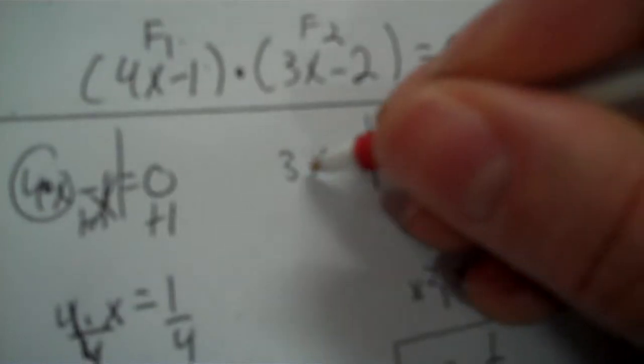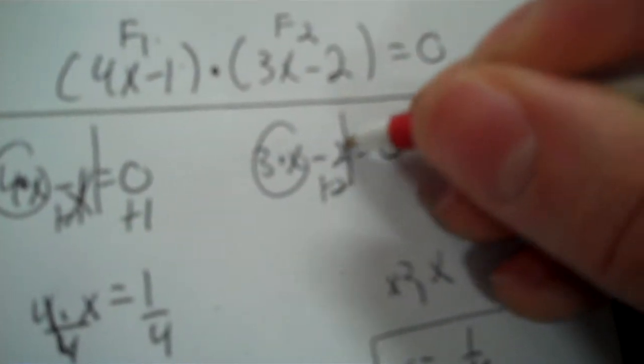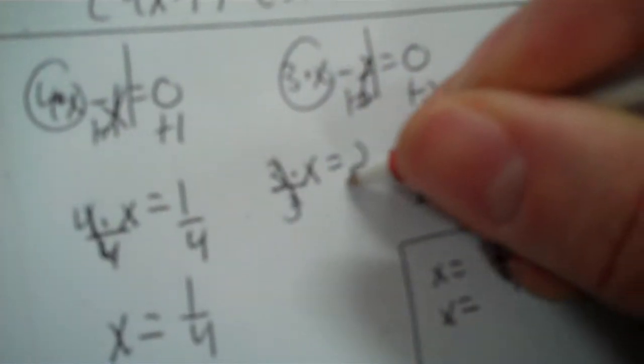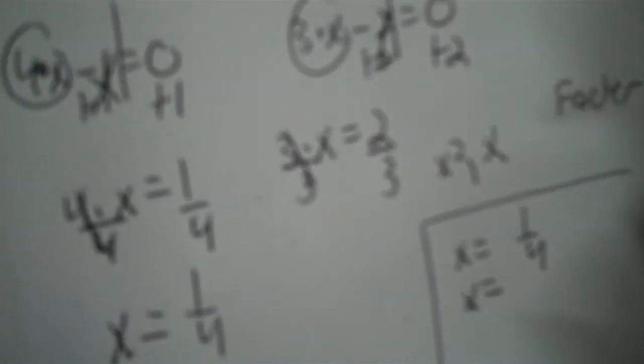Now over here, you add 2, so 3 times x equals 2. 2 divided by 3 is a sloppy decimal. Second PRB equals will be 2/3. So 1/4 and 2/3.